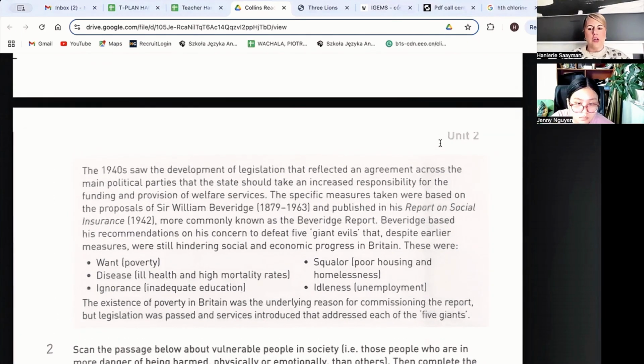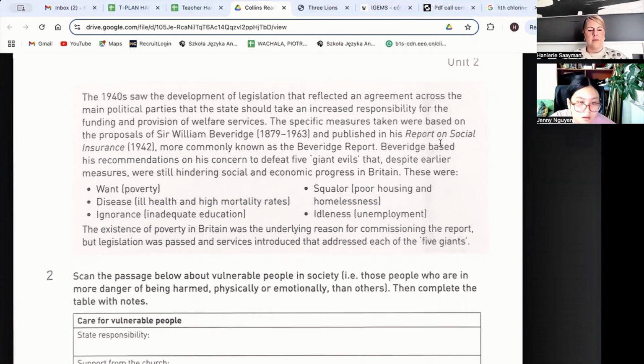Okay, now you're going to read for us the text. The 1940s saw the development of legislation that reflected an agreement across the main political parties that the state should take an increased responsibility for the funding and provision of welfare services. The specific measures taken were based on the proposals of Sir William Beveridge, 1879-1963, and published in his Report on Social Insurance, 1942.